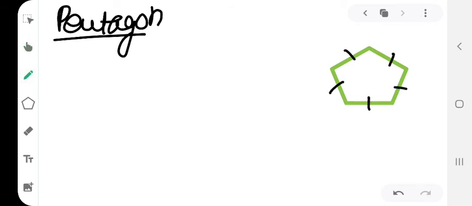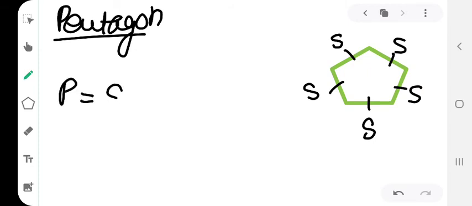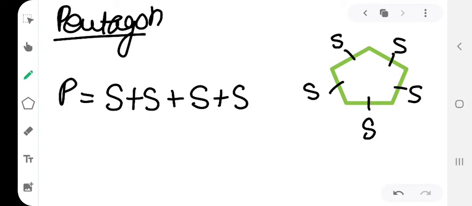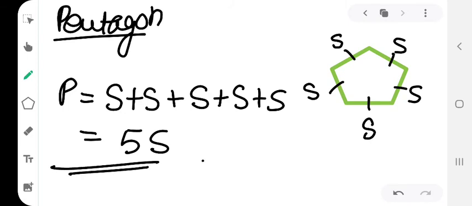Let us assume one side is S. That means all the sides are S. So what will be the perimeter? The perimeter is sum of all sides. So you will add the sides 5 times. That gives you 5S. The same way, can you find out the formula for perimeter of a hexagon or an octagon? Try to do it yourself.